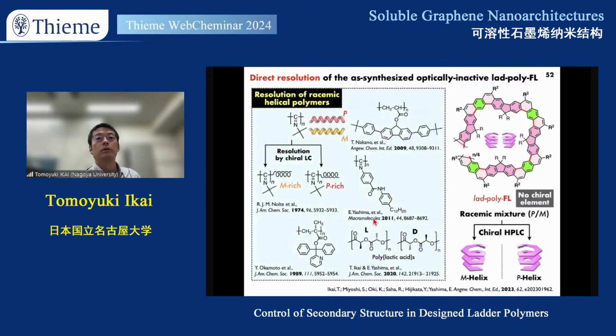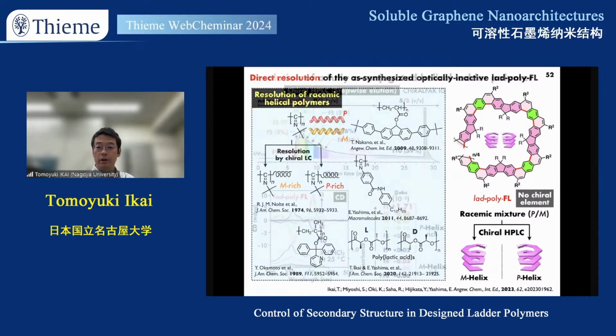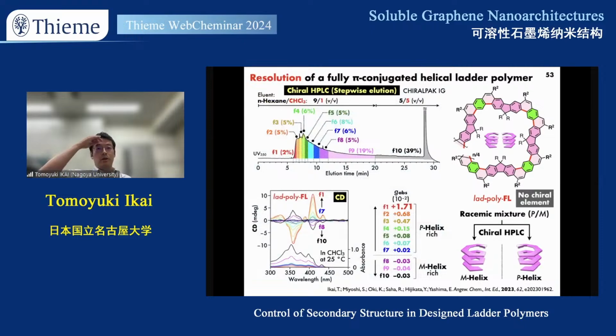Until now, several examples of racemic helical polymers have been reported, but they are still quite rare. After testing a series of chiral columns using different eluents, we found a good condition using a chiral column in a stepwise elution mode, where we change the solvent polarity during the separation.